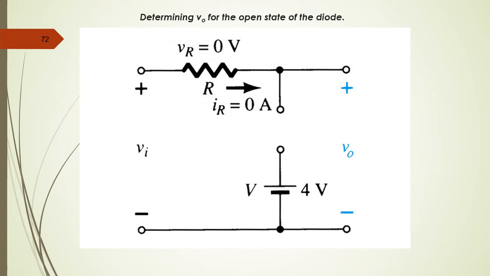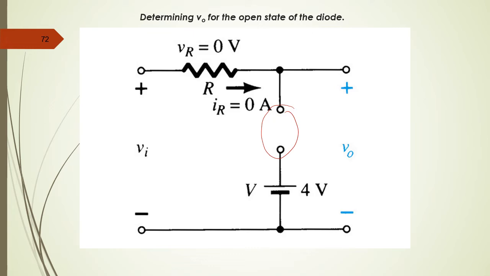First, we need to determine the value of V out for the open state of the diode. When it is open, the diode is not conducting, so it is in reverse bias.